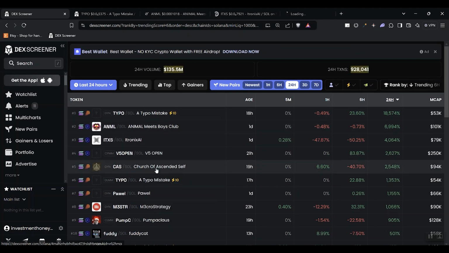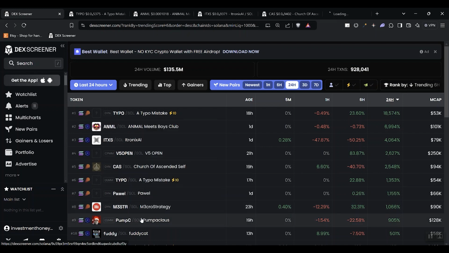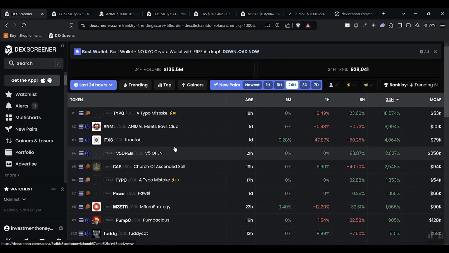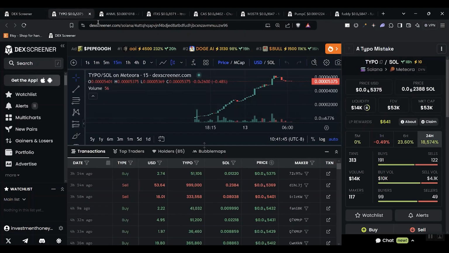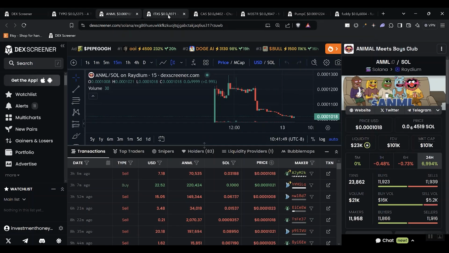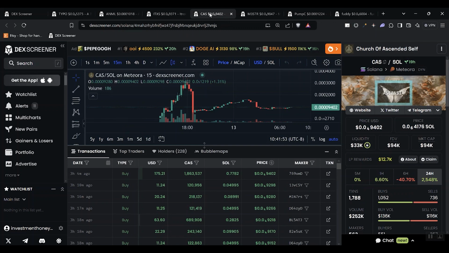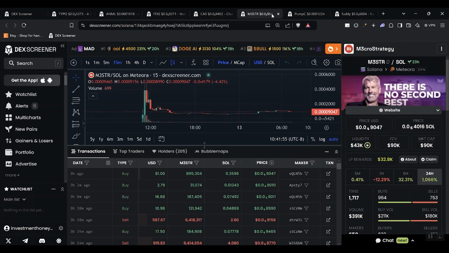I don't really mind if they don't have pictures, but we'll stick with pictures today. And Fuddy Cap, we'll open that one up too. All right, so here we go. I've opened them at the 15-minute, which is probably okay for the time parameters that we set in the filters.